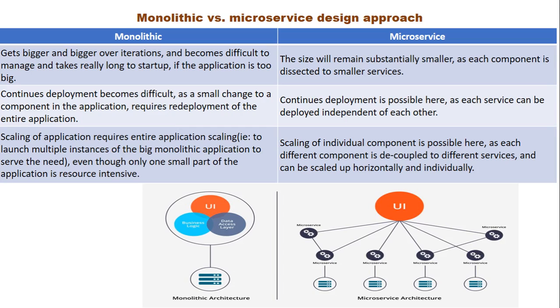To change anything, maintain anything, or add new functionality, there's a very big chunk of code they need to read and understand, so it's not easy. When they do that, there's a possibility that they're going to break something else. This is one of the main disadvantages of monolithic architecture.